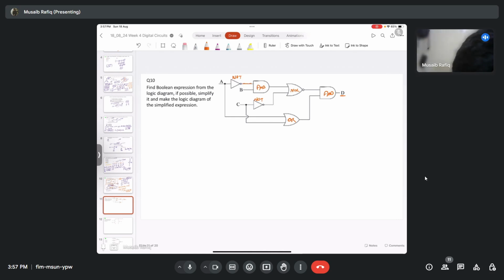So here I have input A that is going to the input of the NOT gate, so this will be A complement. This C is going to the input of a NOT gate, so this will be C complement.